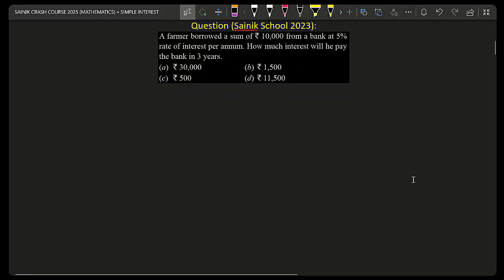Yes, Rishika, can you read the question again? A farmer borrowed a sum of rupees 10,000 from a bank at 5% rate of interest per annum. How much interest will he pay the bank in 3 years?